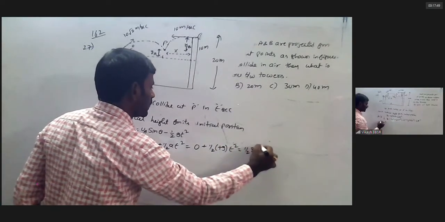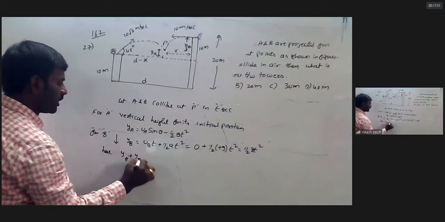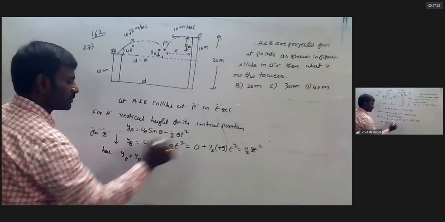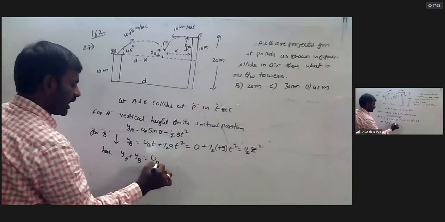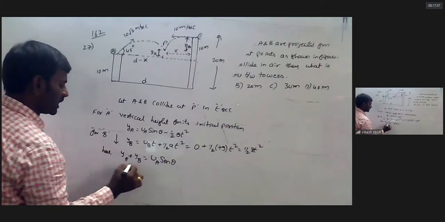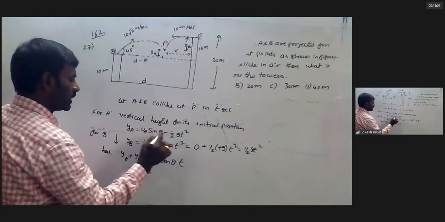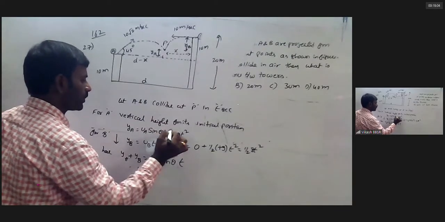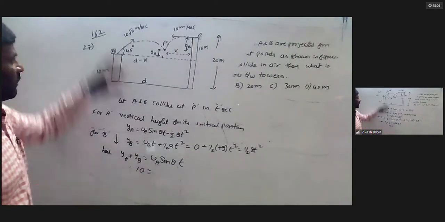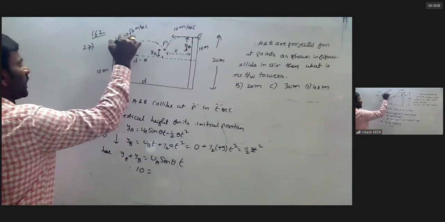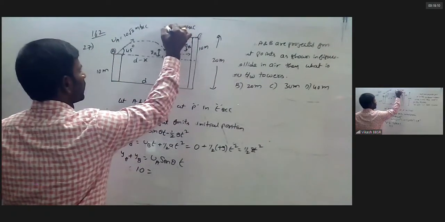So here yA plus yB equals how much? uA sin theta times t. Don't miss the t. 10 equals uA value into t. What is uA? This is uA, this is uB.